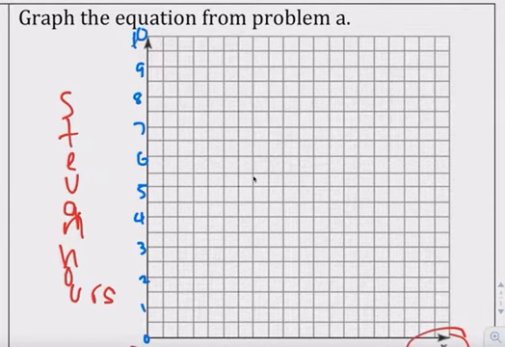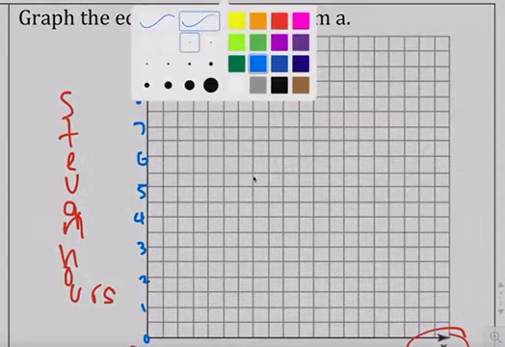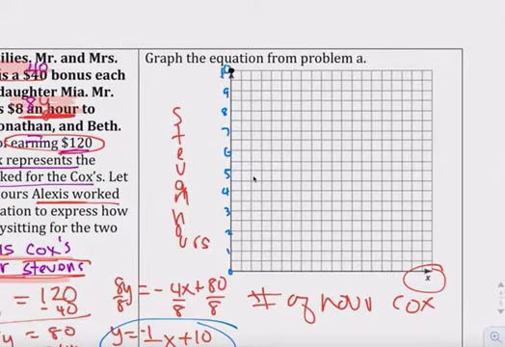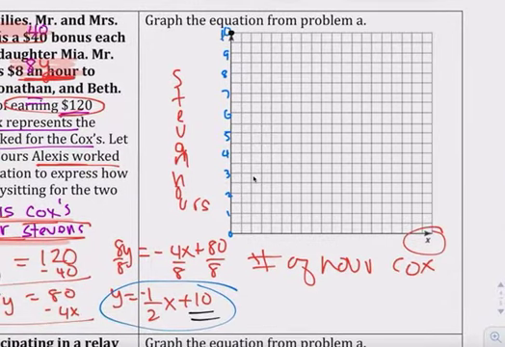Most of you will use 1 for each, but I'm choosing to do every other one as 1. So whichever way, your graph may look half as big as mine. Y-intercept at 0, 10, sorry.